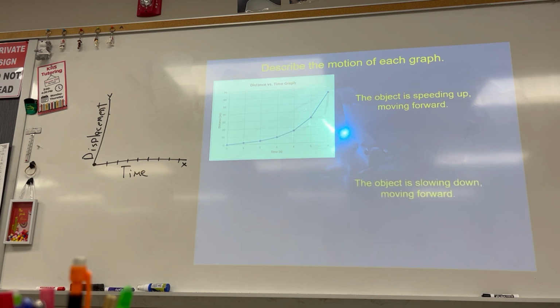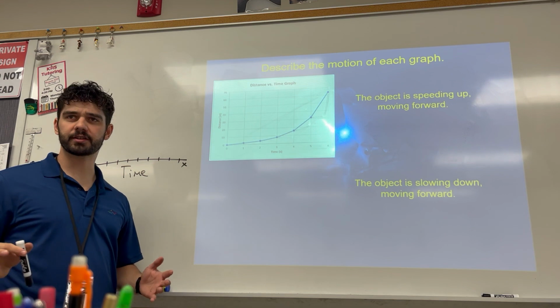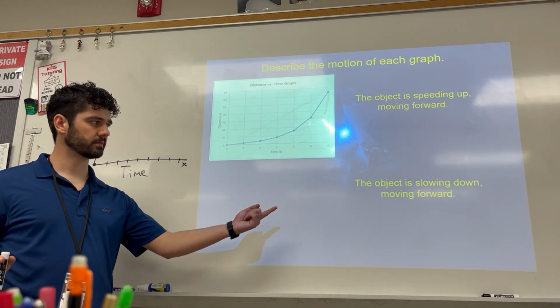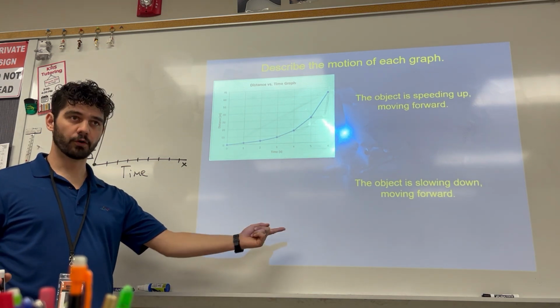What if I'm slowing down? Opposite. What is going to be the opposite? It's gonna start high and go. Maybe. So let's think about this. So what direction am I going? Forward.